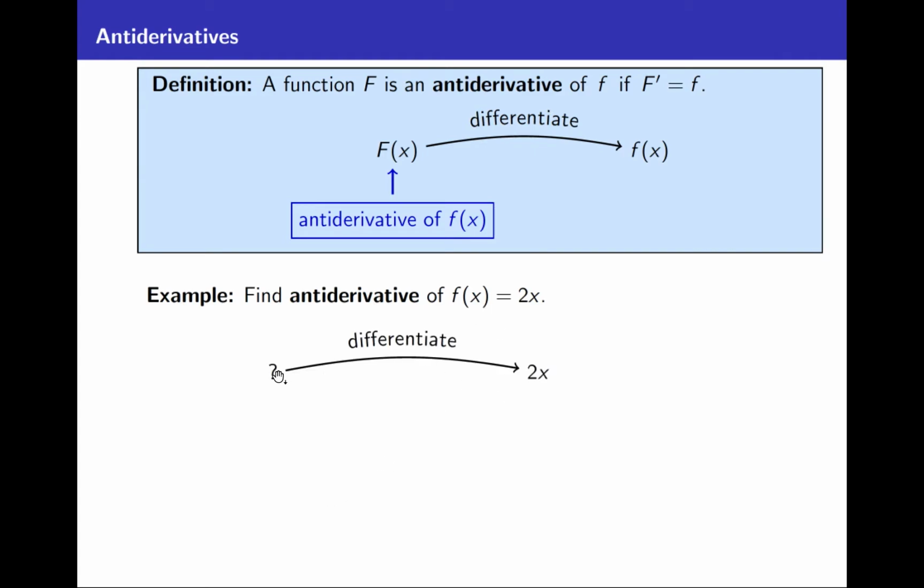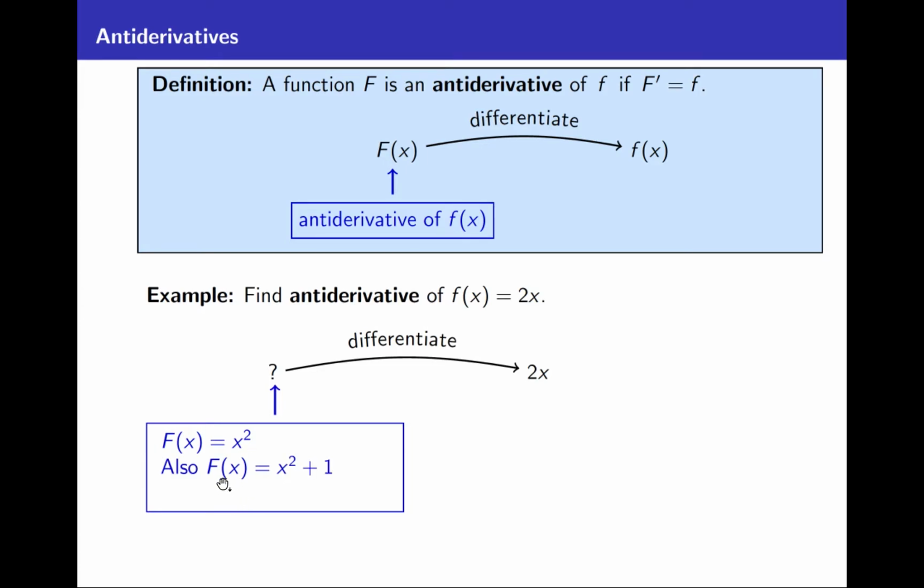So we're looking for a function here, I'll just put a question mark there, where if you differentiated it, you would get 2 times x. And you probably don't have to look too far before you realize, oh, well, f of x equals x squared. Its derivative is 2 times x. So x squared would then be an antiderivative of 2x.